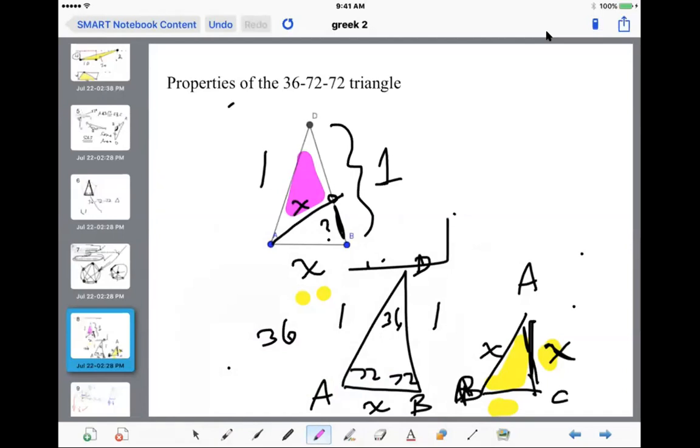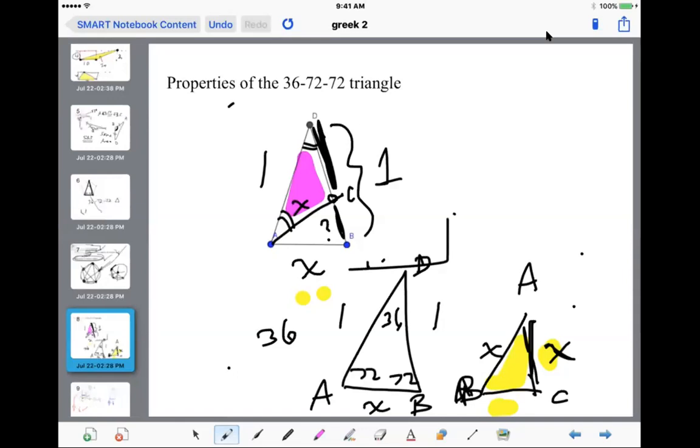It's an obtuse triangle because of that angle, DCA, and it's isosceles. Because remember, this was 36 and that was 36. That happened because the 72 got bisected, and it just so happened 72 is twice as big as 36. So what can you say about this piece right here that I'm making?